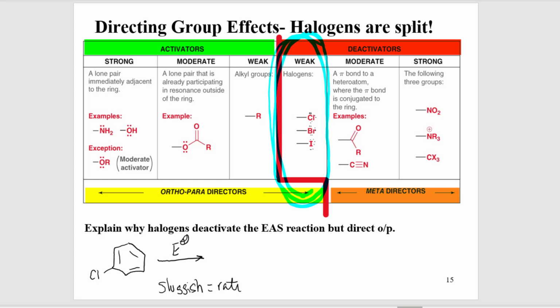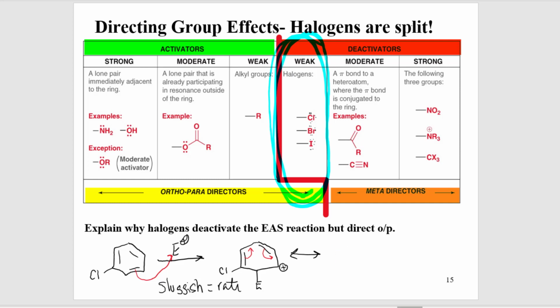But from a directing group standpoint, when the electrophile gets attacked, the chlorine's like, fine, fine. I will help. Fine, I'll direct it ortho or para because by resonance, sure, I'll support the positive charge.